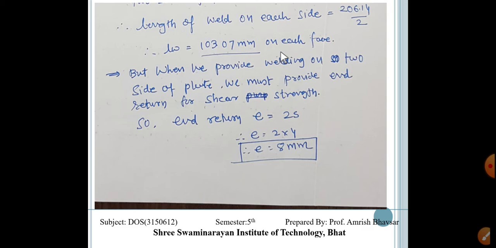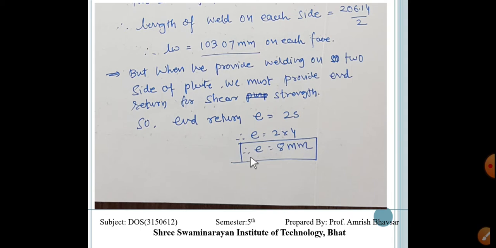Clear? Now in our previous lecture we discussed that end return is the most important part for the shear capacity of a welded connection. When we provide the welding on a two-side plate, we must provide end return for the shear strength of the connection. So what is the value of the end return? End return is equal to 2S. Here S is the size of weld and we have taken 4 mm.